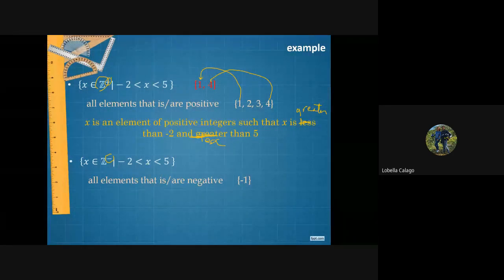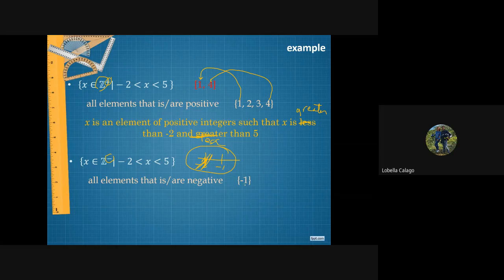Di ba? X is greater than -2. So we only have -2, -1. So these are only the negative integers. Since -2 is not included because x is greater than -2, hence your element is only -1. Next.